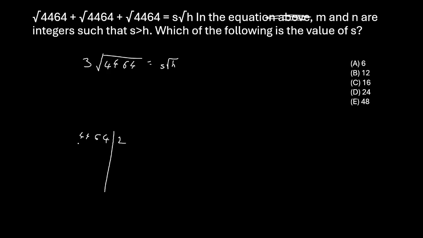So if we just divide by primes, we can get every component of it. So we can divide by 2, we can divide by 2, we can divide by 2.